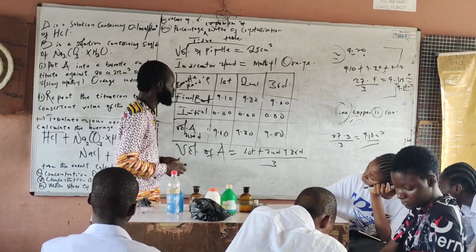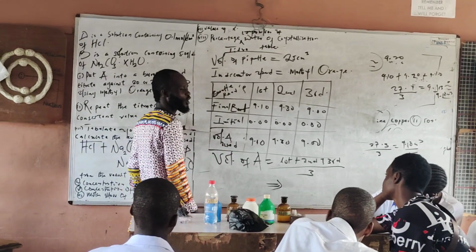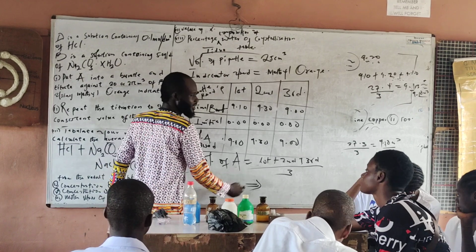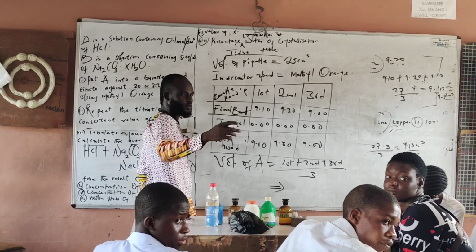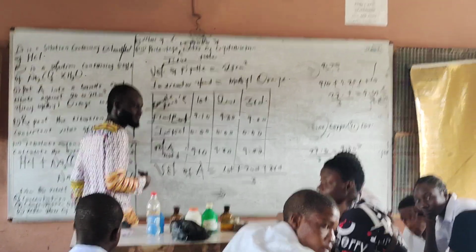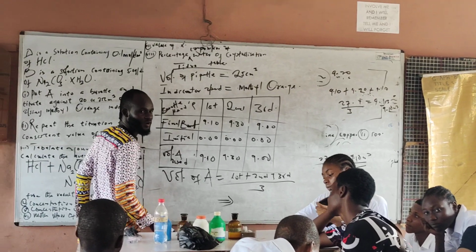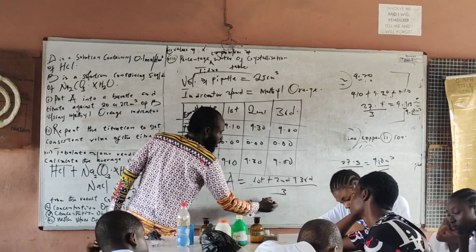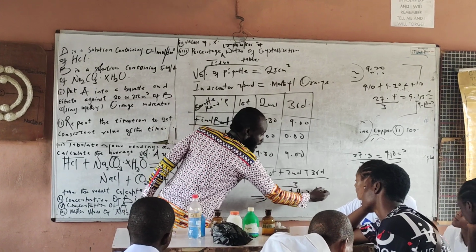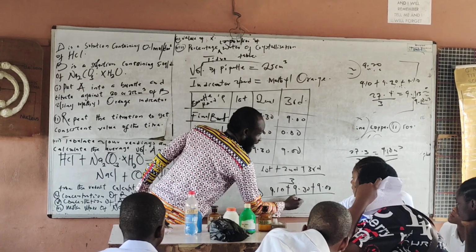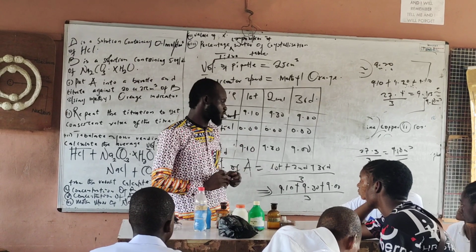What is your first? 9.10, 9.30, and 9.00 divided by 3. 9 times 3 is 27. 27.4.